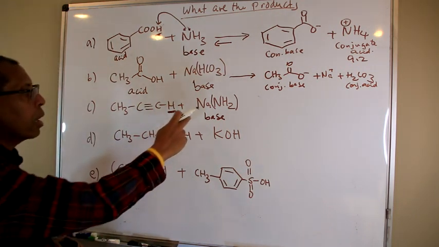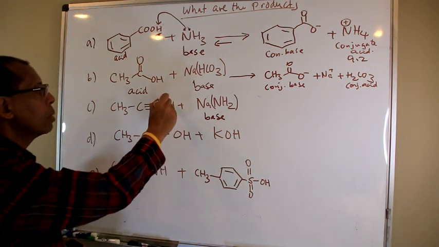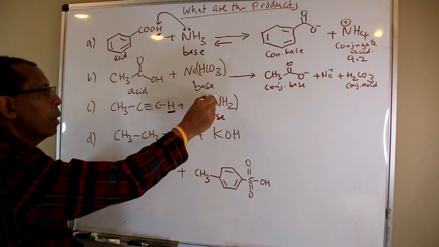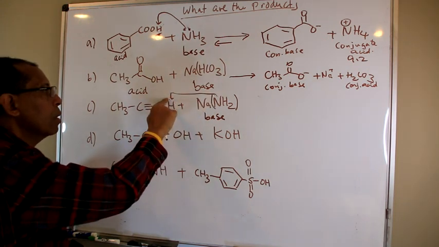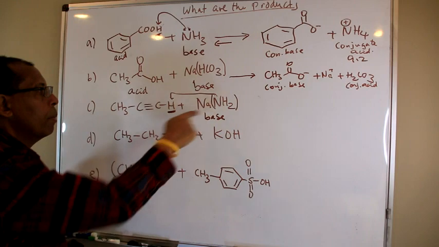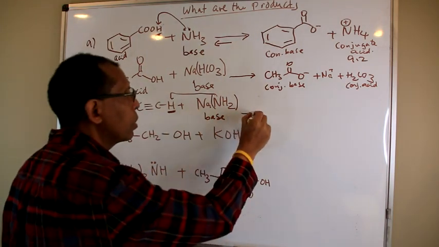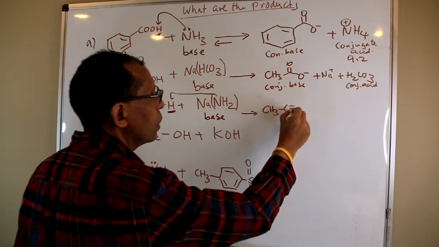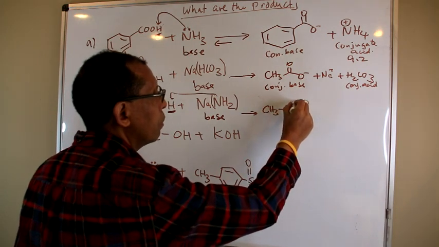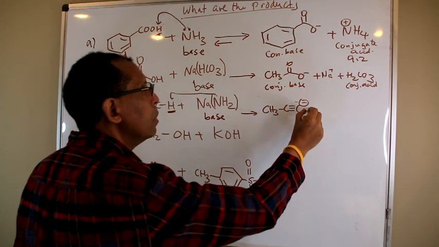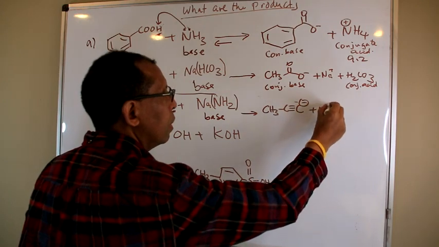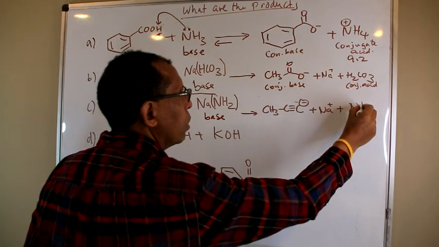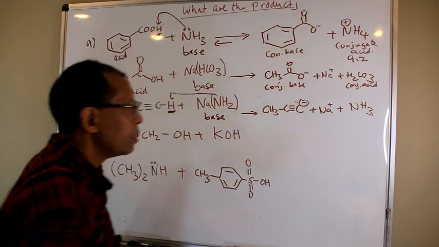Now this proton would be abstracted by the negative charge on amide, and the product looks like CH3, C minus, a pair of electrons on it, plus NH3.